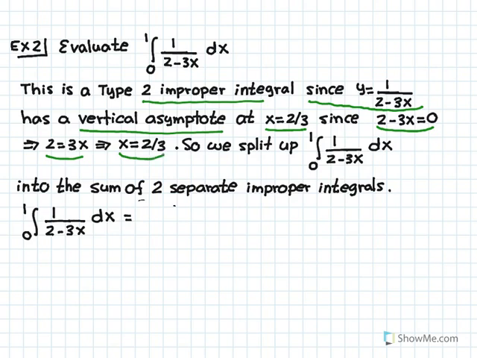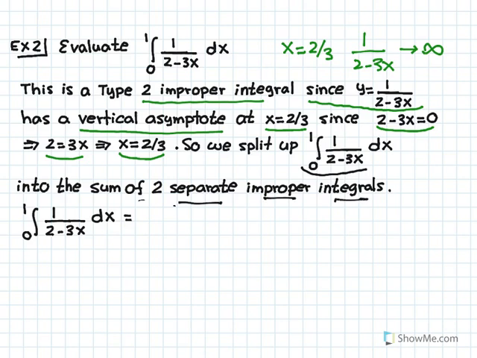That's the point of discontinuity. That's what makes this an improper integral, because at x equals 2/3, 1 over 2 minus 3x, the integrand, goes off to infinity. It blows up to infinity, and we have an improper integral at x equals 2/3. That's what causes it. So what we're going to do is write this integral from 0 to 1 of 1 over 2 minus 3x dx as the sum of two separate improper integrals.